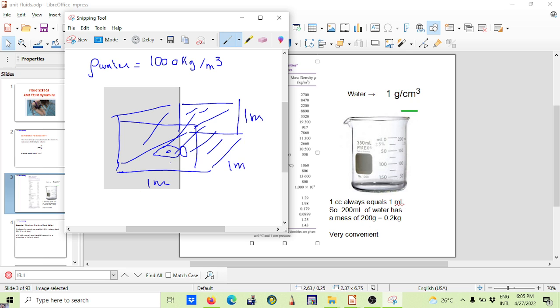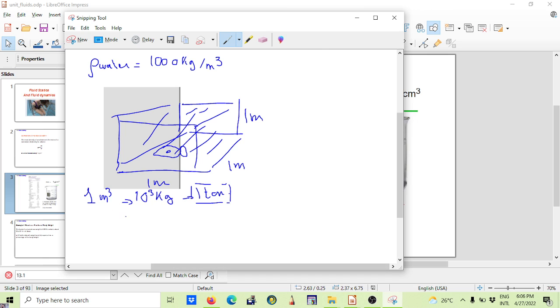If it's 1 meter by 1 meter by 1 meter, you cannot lift it. And the mass here is going to be 10 to the third kilograms for 1 cubic meter, which is about 1 ton. Imagine 1 ton. Forget it, you cannot lift that.